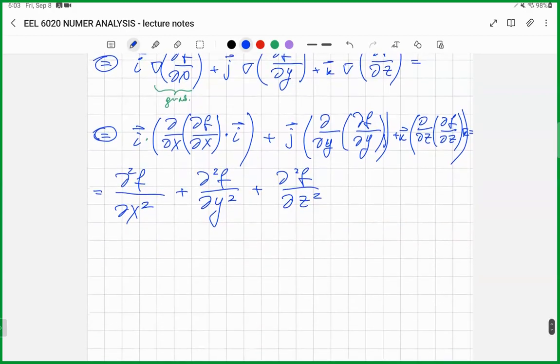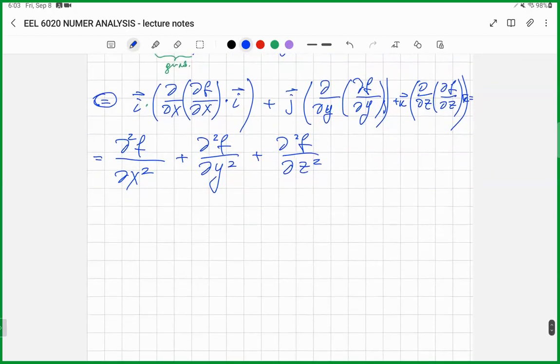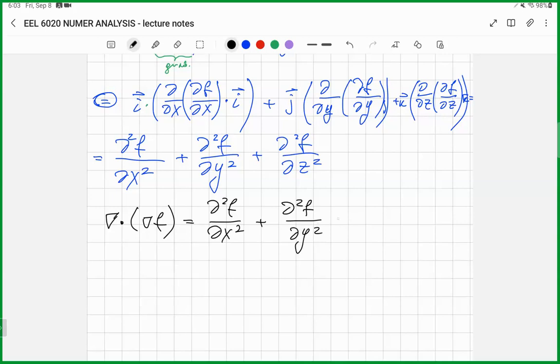This is a very important result, so let us write it in a frame. The divergence of the gradient of a scalar field is equal to d2 f over dx squared plus d2 f over dy squared plus d2 f over dz squared.